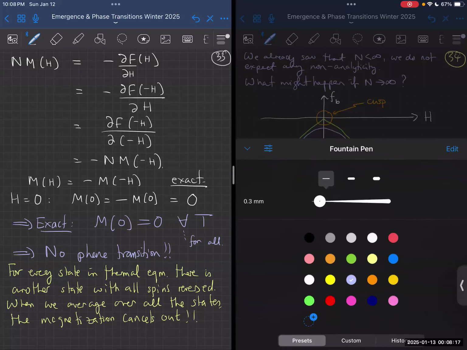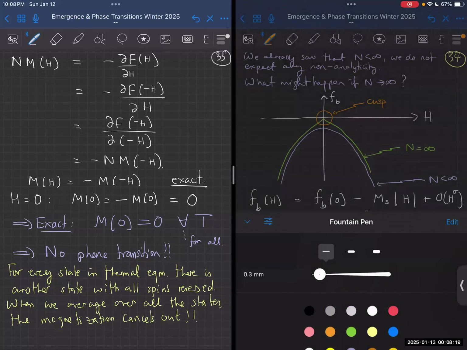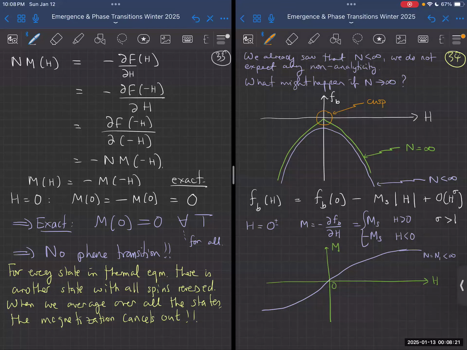And let's suppose now I have another value, like so. In this case n is n2, and n2 is greater than n1, but still less than infinity.